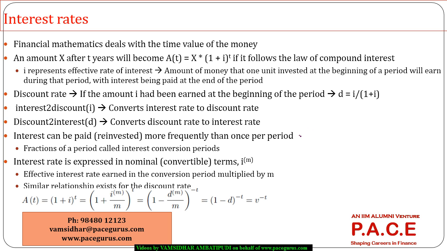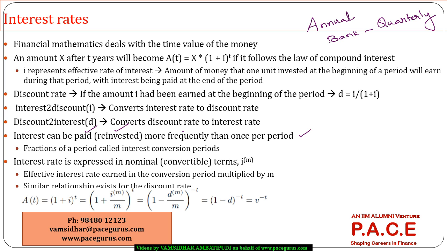Then, not necessarily in all cases, the interest will be paid annually. Right? In many cases, if you look at the banks, they pay the interest quarterly into your account. So the interest is paid not necessarily on an annual basis.